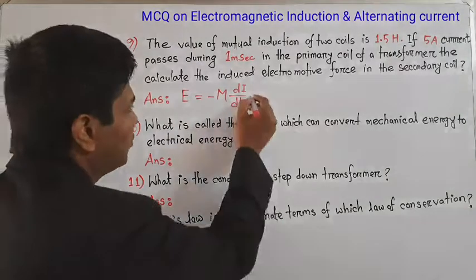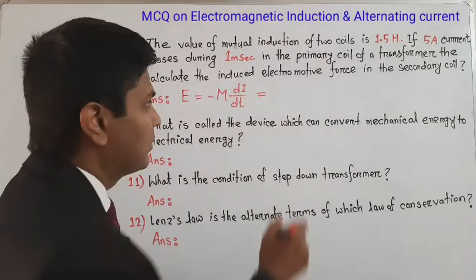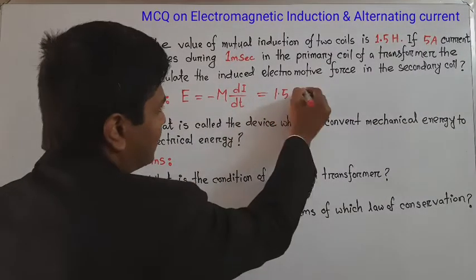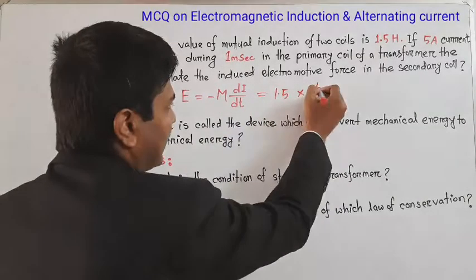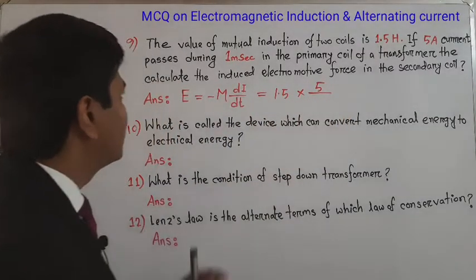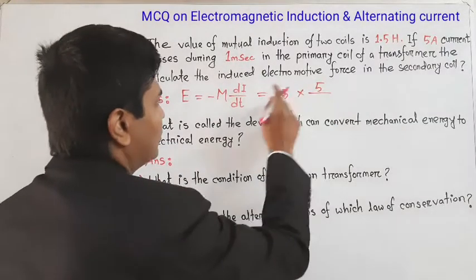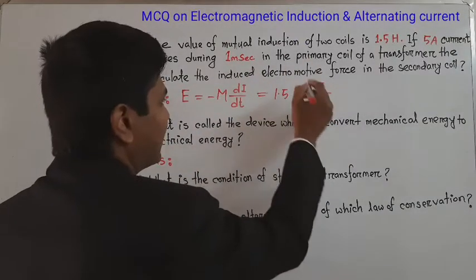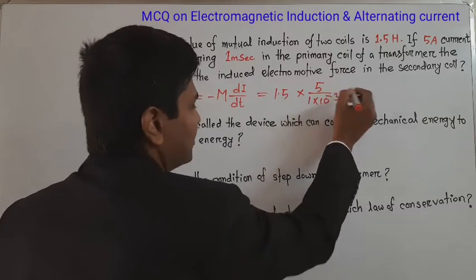Now we put the value of M, which is 1.5, and here 5 ampere current passes through the primary coil in 1 millisecond. So time is given as 1 millisecond, and 1 millisecond equals 10 to the power minus 3 second.